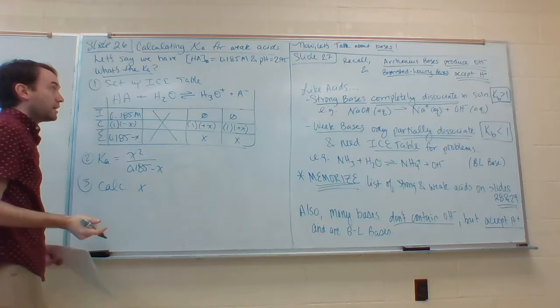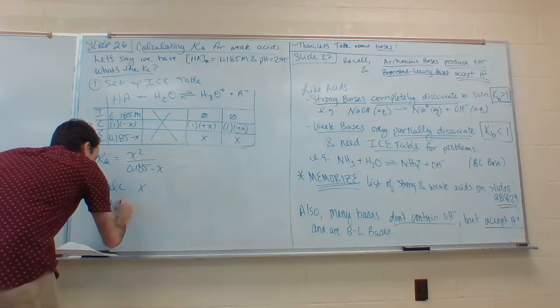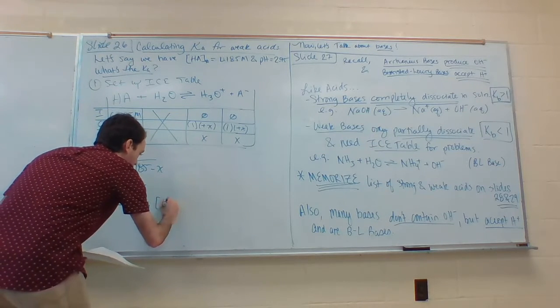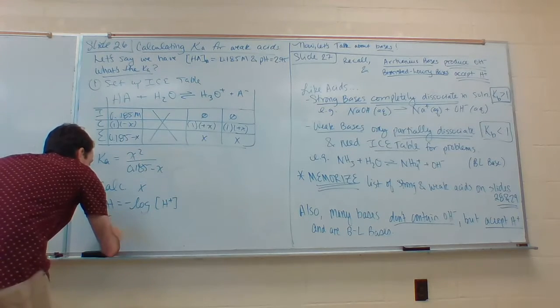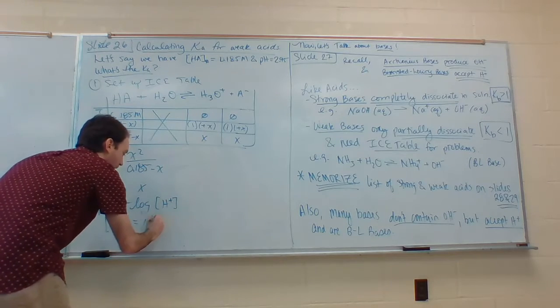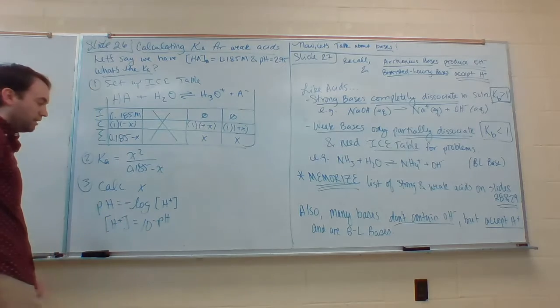Now, the way that we're going to calculate X is that we know that our pH is equal to the negative log of our concentration of H plus, okay? Now, if you also remember, our concentration of H plus is equal to 10 raised to the negative pH.